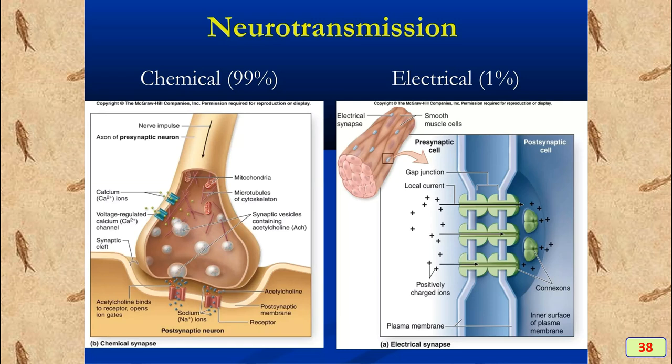Then the plasma membrane's inner surface undergoes polarization and depolarization. That's called the electric synapse, whereas the chemical synapse is like this. So this is always happening in many types of presynaptic cells of smooth muscle cells.